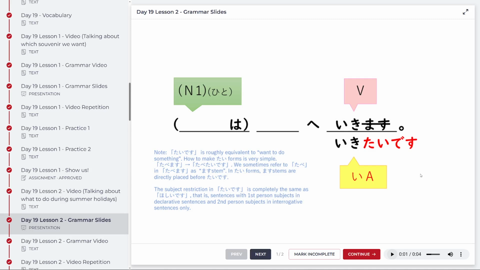Want something. Oh, hoshi. Oh my gosh. That is, sentences with first person subjects in declarative sentences, second person subjects in interrogative sentences only.